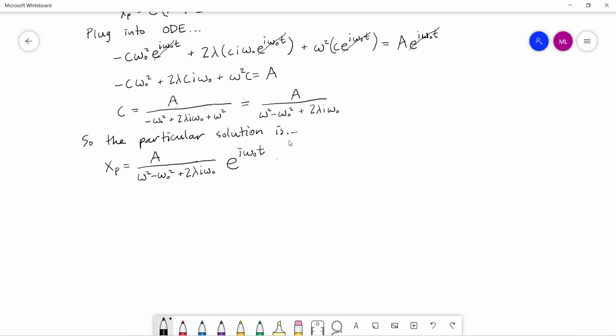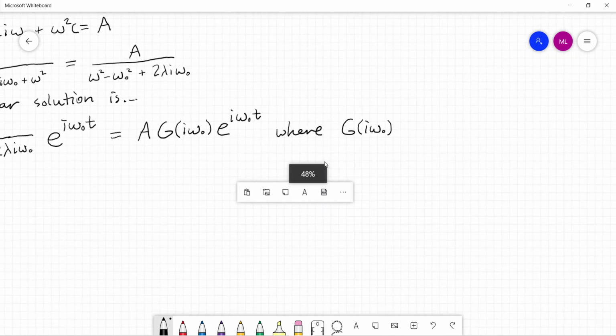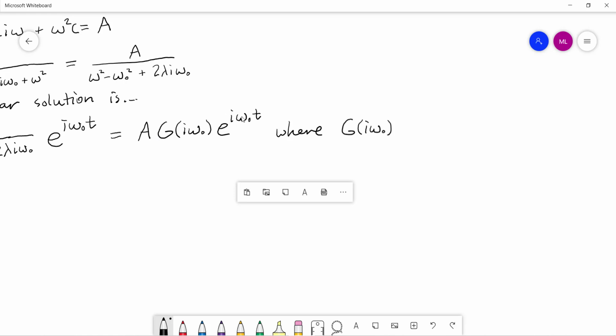And oftentimes you'll see this written as the following. Basically, they will factor an a out and call the rest of this function this g function, where g of I omega naught determines, in a sense, the amplitude of our oscillations here, right?